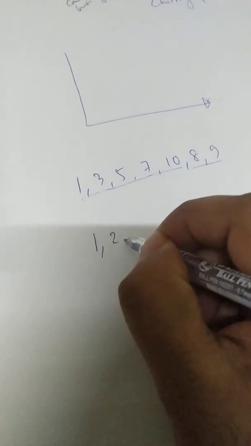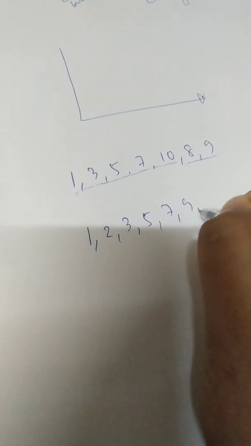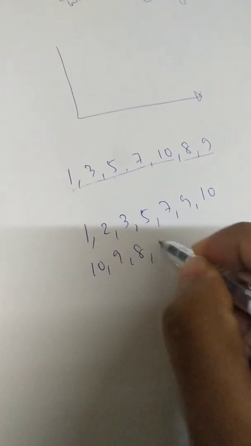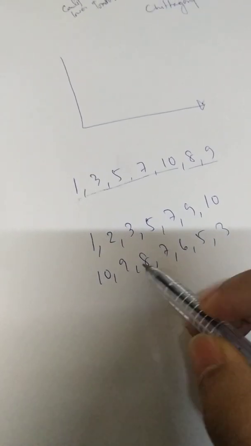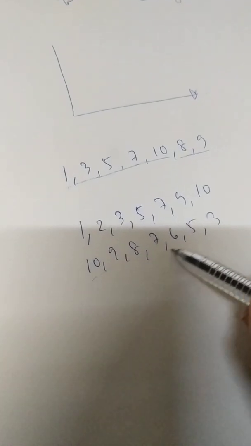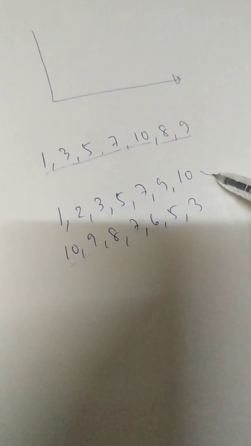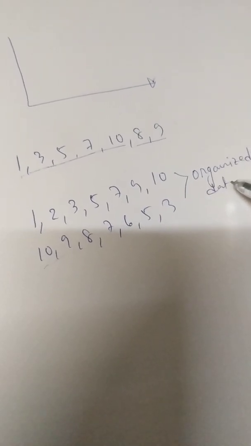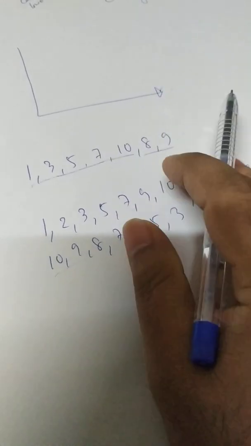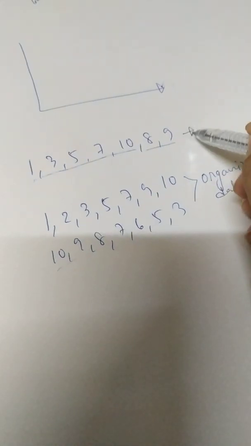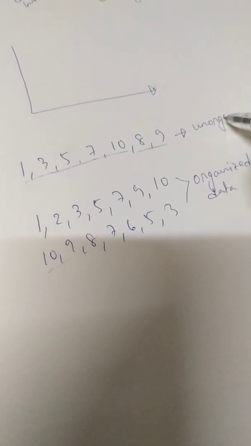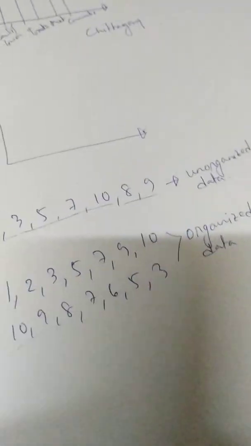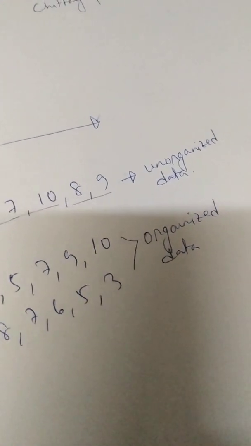If we represent data in ascending order, or if we represent data in descending order properly, then these sort of data are organized data. Got it? Alright.